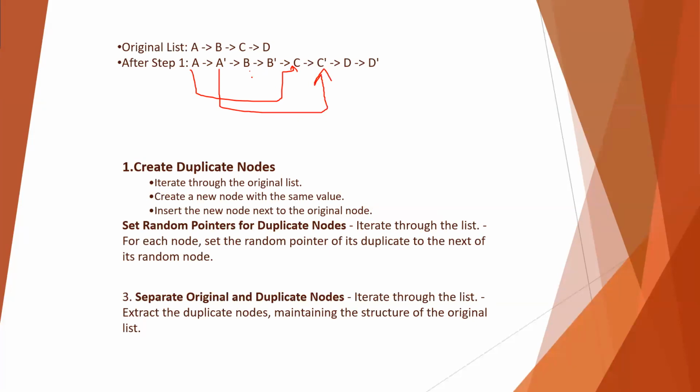For example, B's random pointer is pointing to D. So I definitely know that B's next, which is B dash, has to point to D's next, which is D dash. That's why we have generated this kind of structure. And lastly, what we need to do is separate the two linked lists. So in this way we can do it. Let's see the code for how we can do that.